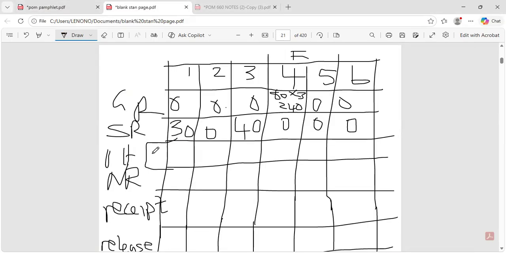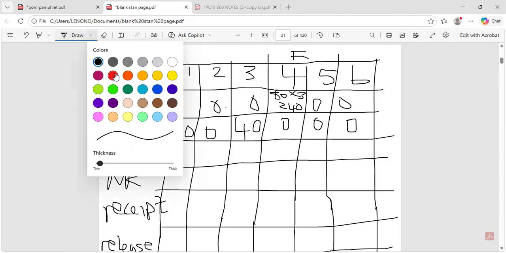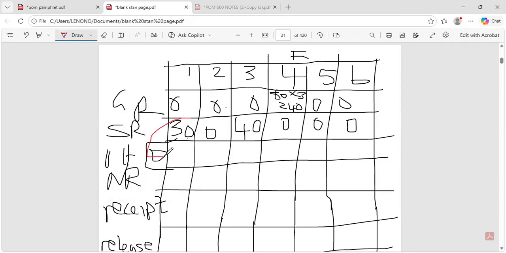So we are going to have 0 plus 30 minus 0, which is 30. 30 plus 40 to be 70 here. 70. What is our net requirement in week 4?